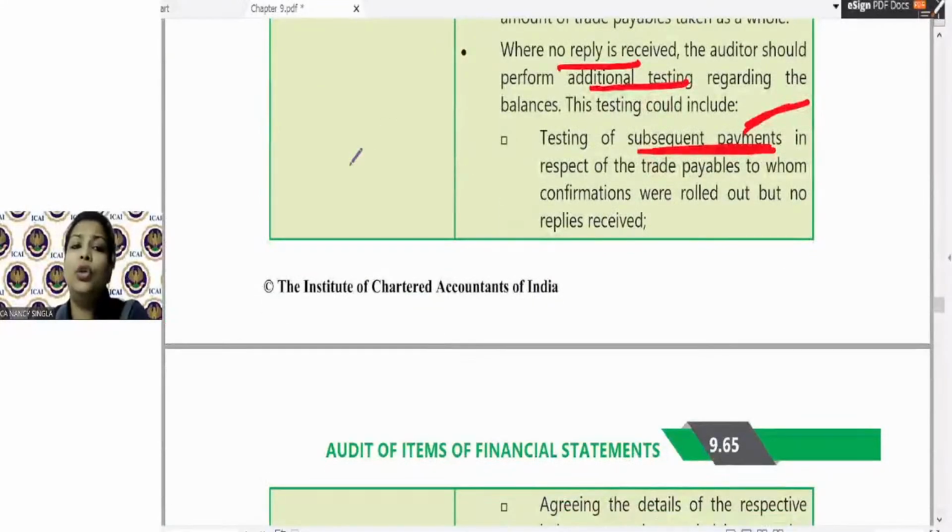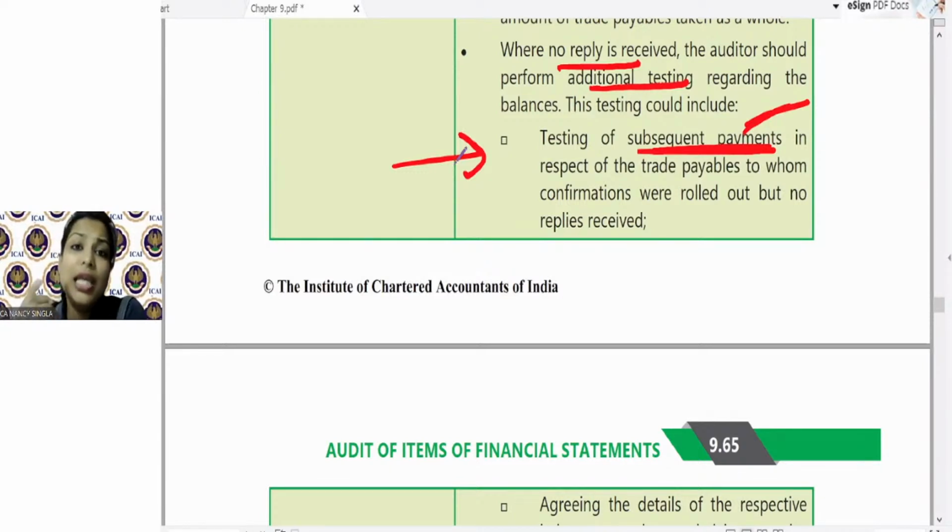I told you that in trade receivables, if an external confirmation request is sent to a debtor and the reply is not received, the auditor will perform additional testing. That is, he'll check subsequent receipts.